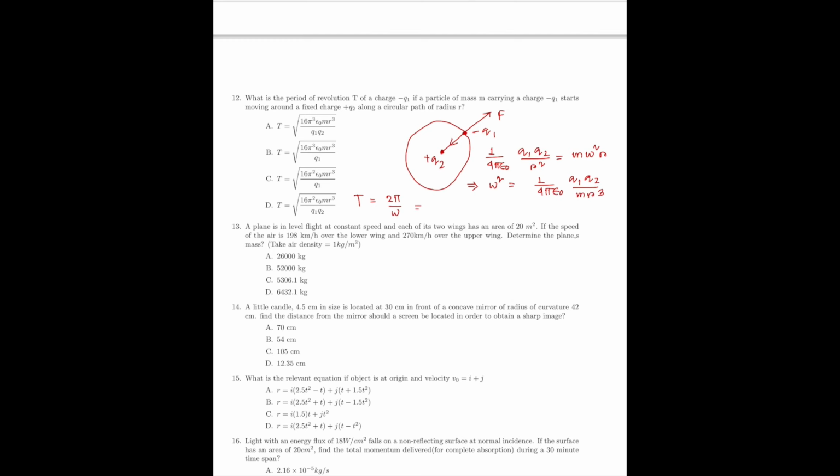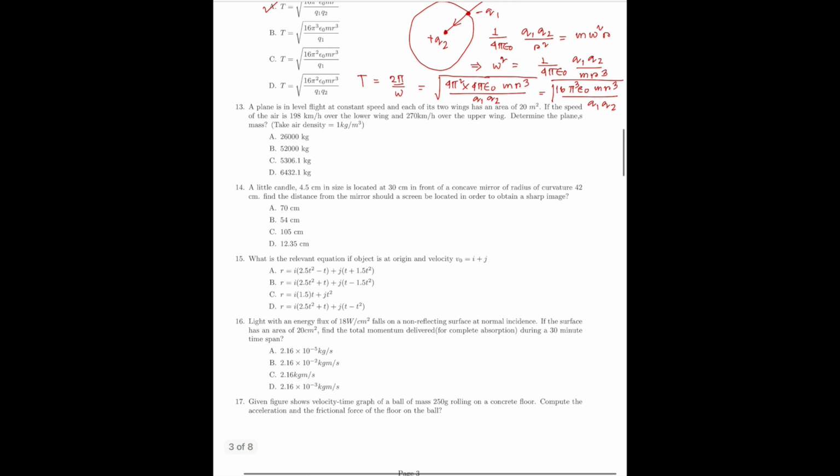So we can write T equals square root of 4 pi square, because of this 2 pi, into 4 pi epsilon naught m r cube by Q1 Q2. So that would be the square root of 16 pi cube epsilon naught m r cube by Q1 Q2. So option A is correct.